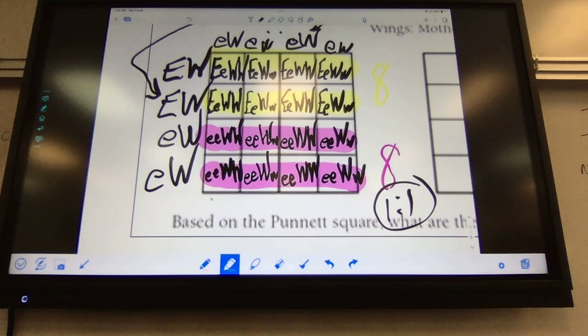So that's as complicated as it gets. This shows the law of independent assortment. We now have all the different combinations of these 2 traits. But when Mendel did this, he had 7 traits, and they all were independent of each other.